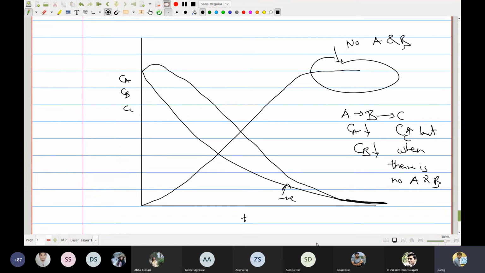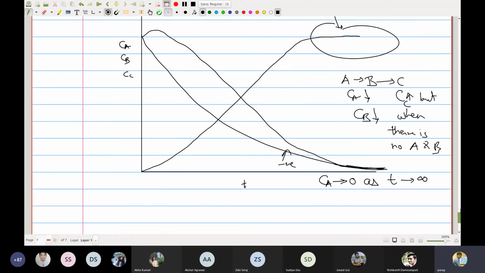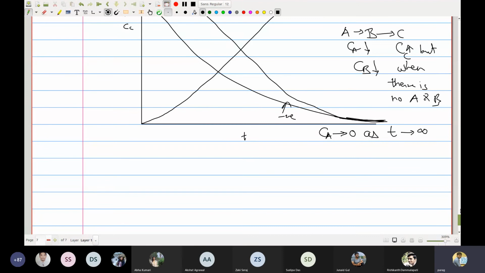So Ca tends to 0 as t tends to infinity, and that's why when you study reaction engineering, in a lot of Viva where you are asked conceptual questions, you are asked this question: how much time does a first order reaction take to complete? The answer is infinity, because the concentration goes down to 0 only as time tends to infinity, which means it goes down to 0 in an asymptotic manner.